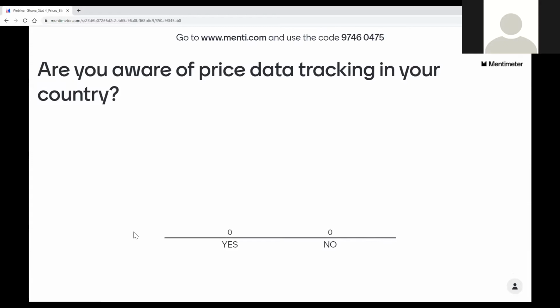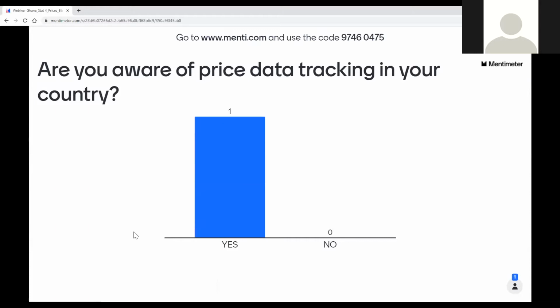So in your country, are you aware of price data tracking? Yes or no? So we have a few participants saying yes, and one that said no. So this is good.